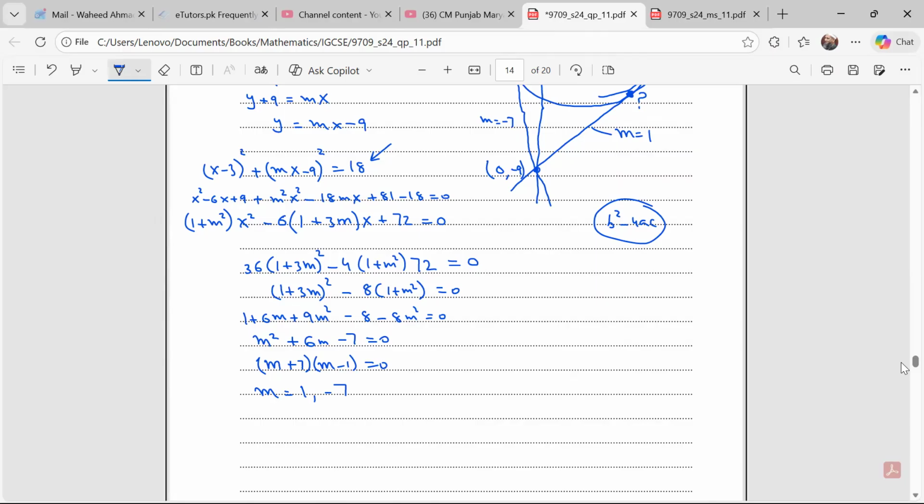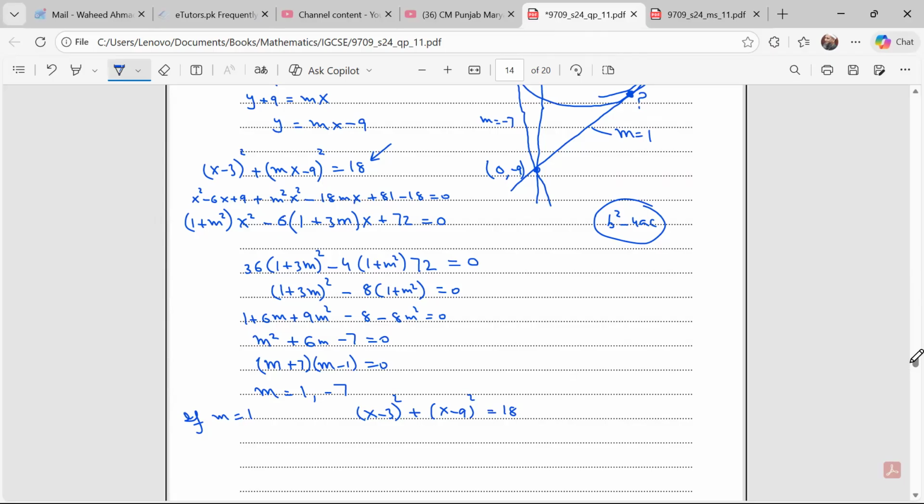Okay, so let's see. If m equal to 1, then my equation will become (x minus 3) squared plus, when m is equal to 1, (x minus 9) squared minus 18 equal to 0, right? I'm talking about this equation when m is substituted as 1.